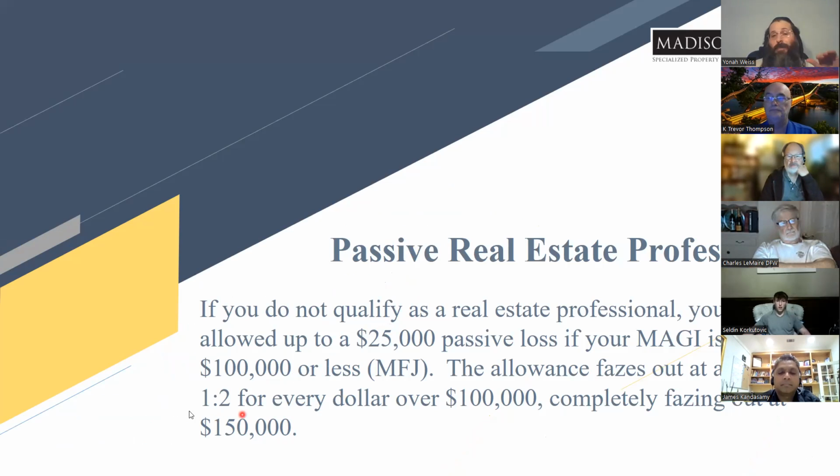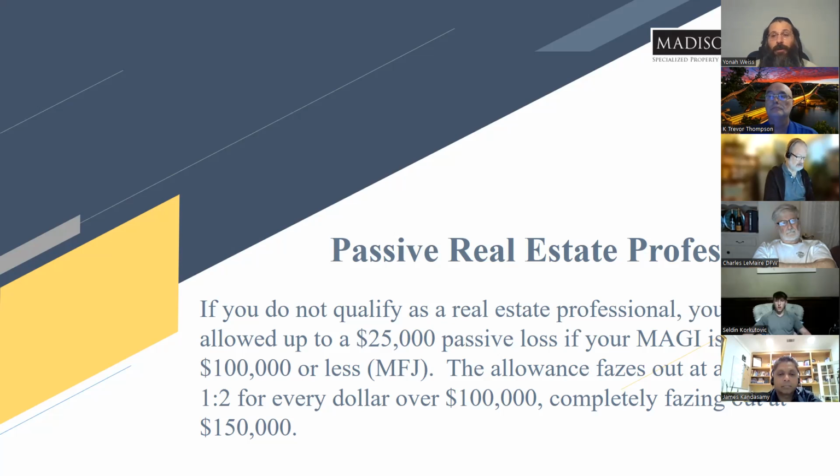So if you make more than $150,000 of adjusted gross income, you cannot use any of these losses, like I mentioned. But between that less than 100 or up to 150, you can take some of these deductions against your W-2. Okay. The one other exception is short-term rentals.